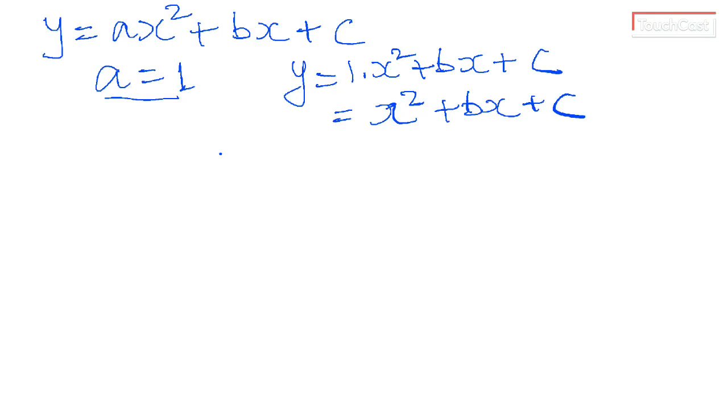Now what we are going to do is identify these two parts of the equation. This is part 1, which is the x squared term, and this whole thing I'm going to call part 2.